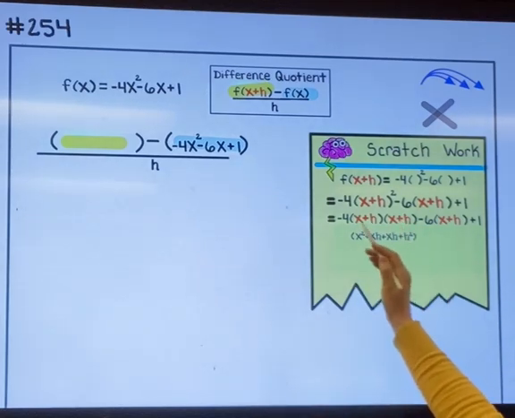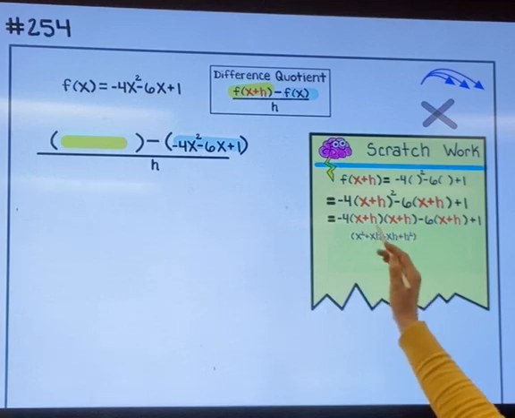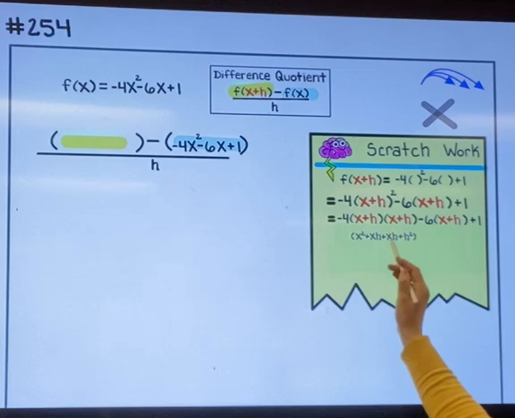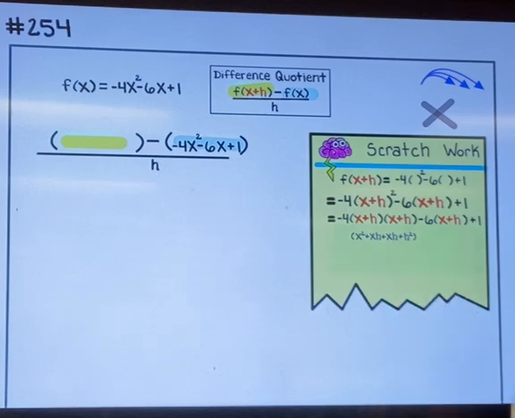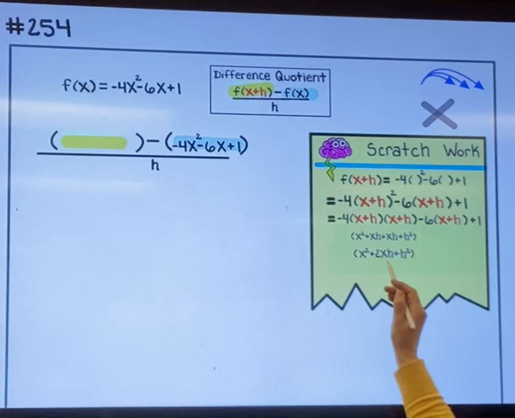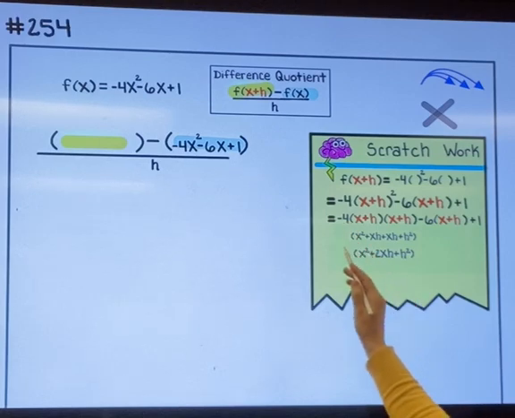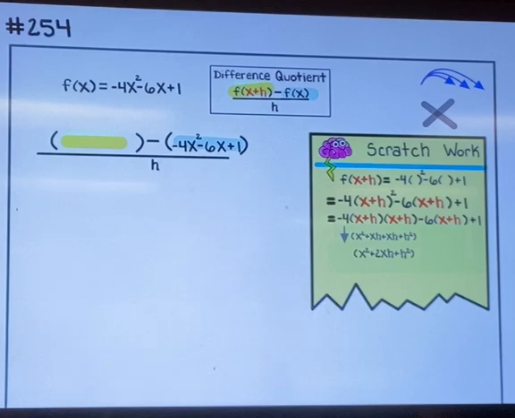So foiling that together, x times x is x squared, x times h is xh, h times x is xh, and h times h is h squared. We can combine those middle ones, xh and another xh make two xh's. Then I still have this negative 4 right here. So I'm going to bring that down.